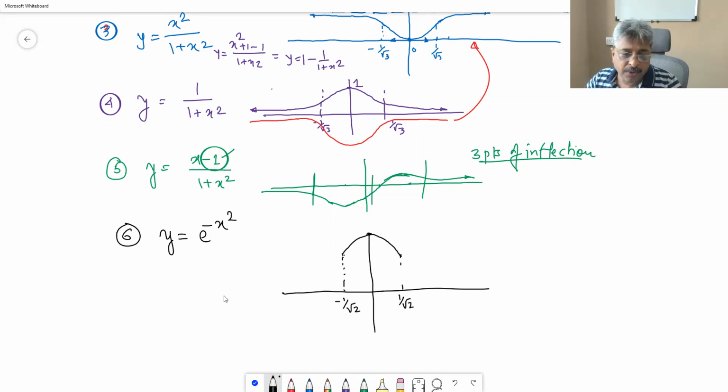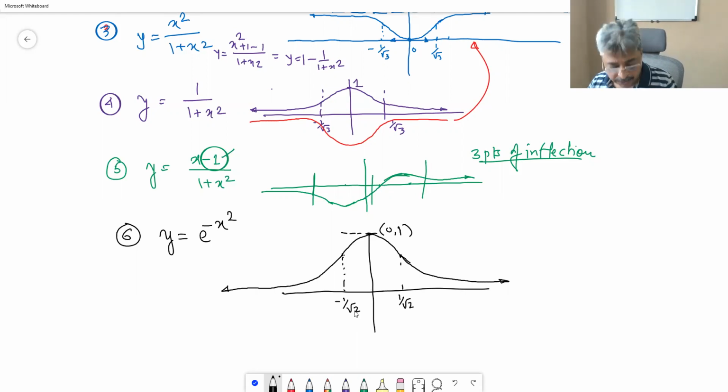From here onwards it is convex. Right? I think you will get this very quickly.